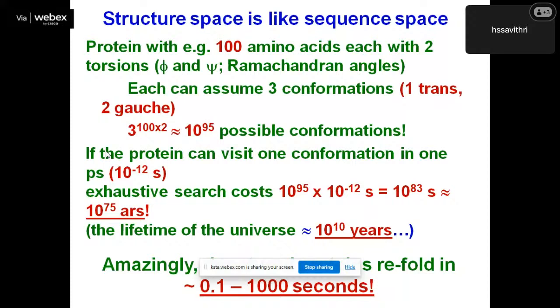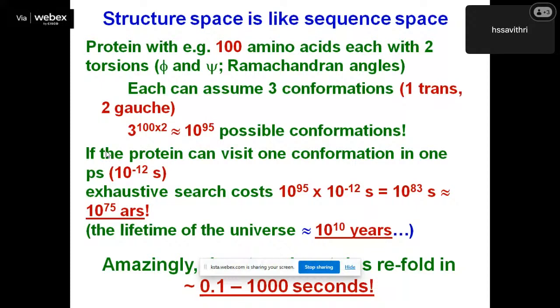Like that, if you take 9 shapes possible for a link between two peptides, it will be 10 power 95 possibilities for just a protein of 100 amino acids. Put it simply, if you have a protein chain of just 100 amino acids, it can assume one of the 10 power 95 shapes. It's an enormous number of shapes. 10 power 95 is actually 1 followed by 95 zeros. It is such a large number.